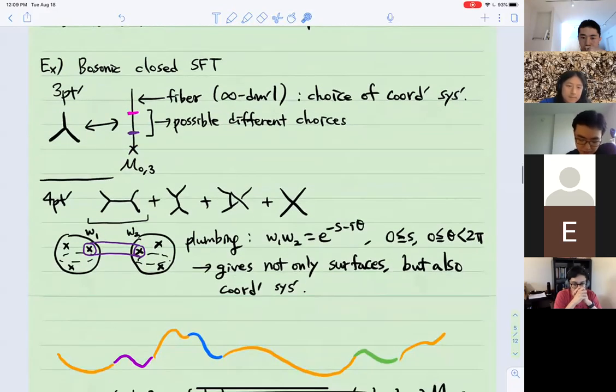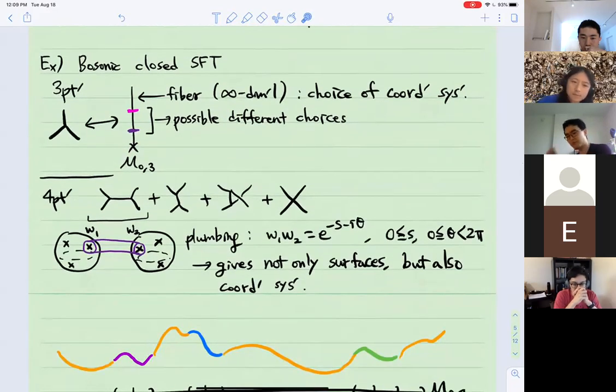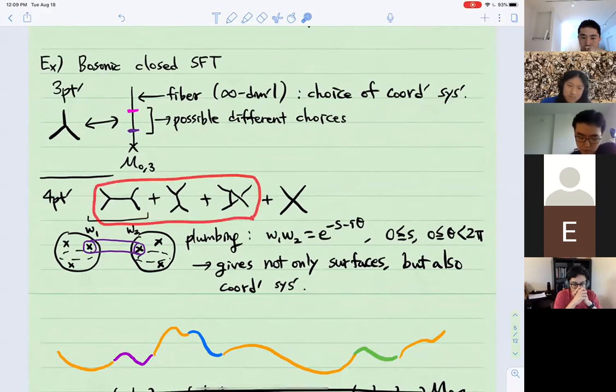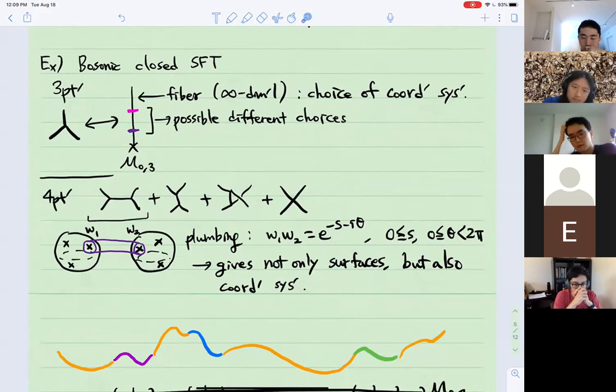So once you are at this point, now you wanna do what you do in usual QFT. You wanna draw Feynman diagrams. Okay. These 3 diagrams are ones you can do with 2 3-point vertices. But you have to define what you mean by propagator here. And there's a very natural construction from the Riemann surface point of view.